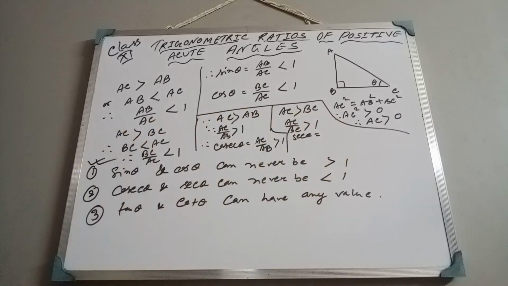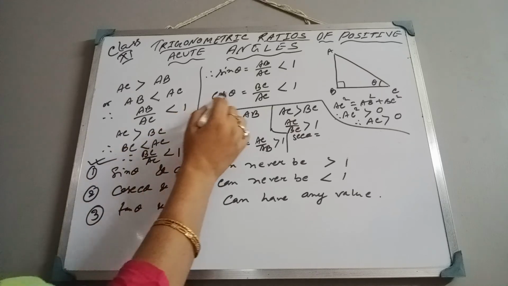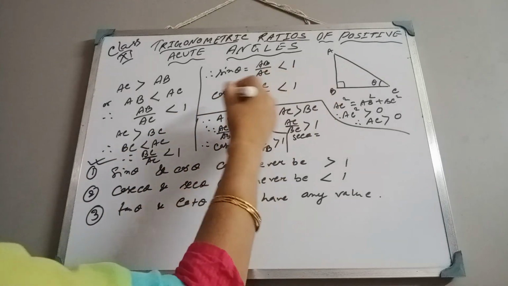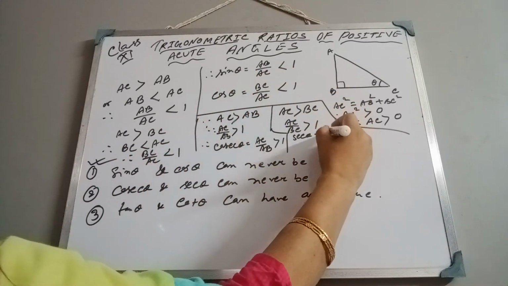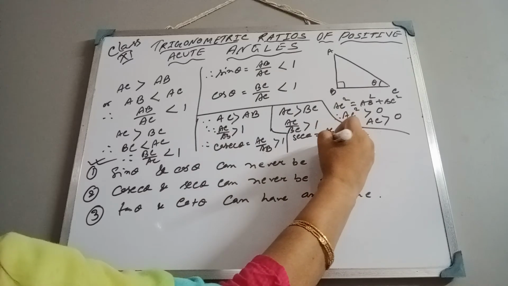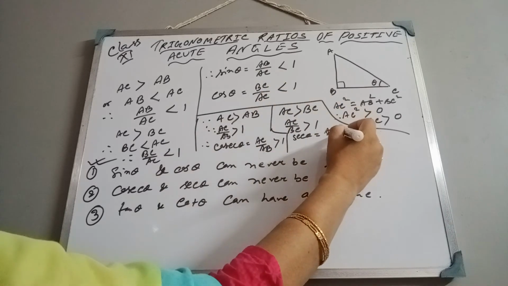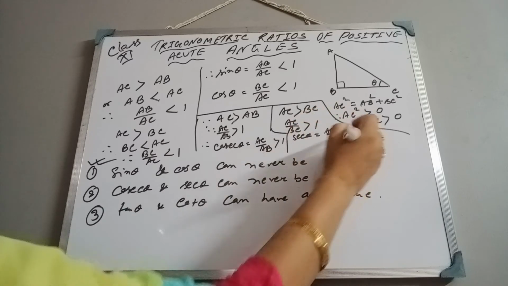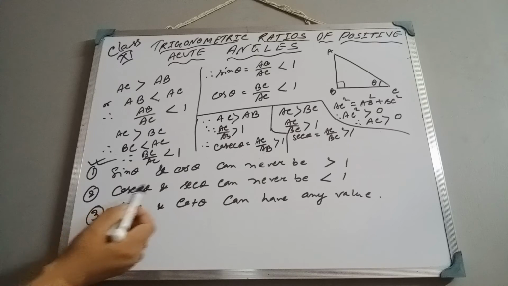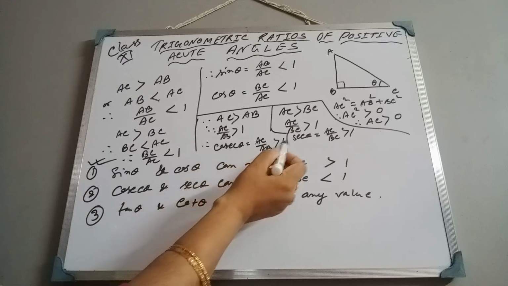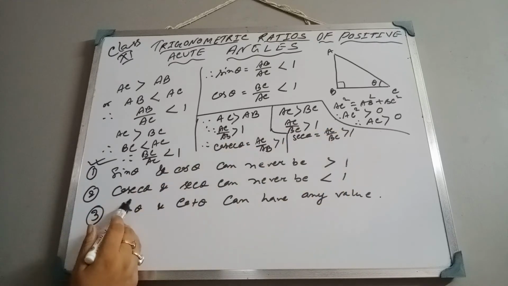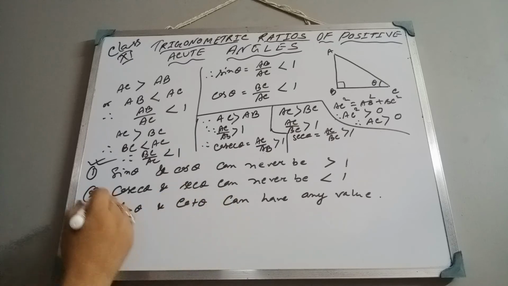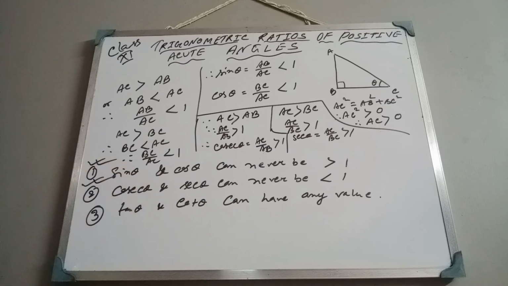Sec theta and cos theta are also reciprocal, so sec theta will be AC by BC, as cos theta equals BC by AC. So AC by BC is greater than 1. So cosec theta is greater than 1 and sec theta is greater than 1. That means cosec theta and sec theta can never be less than 1. This is also proved.